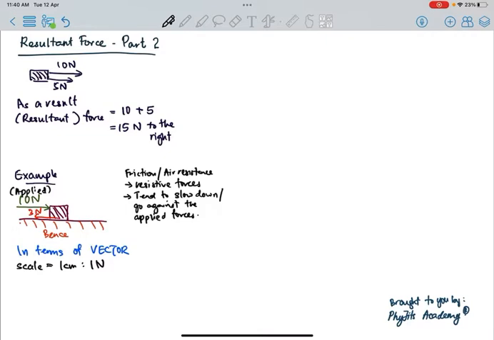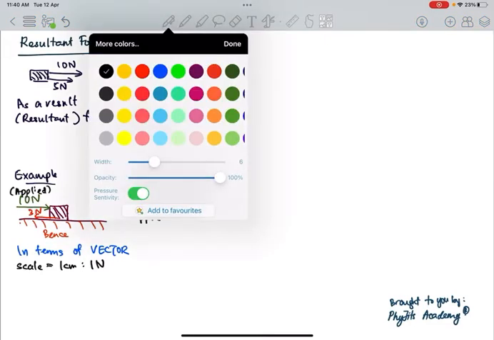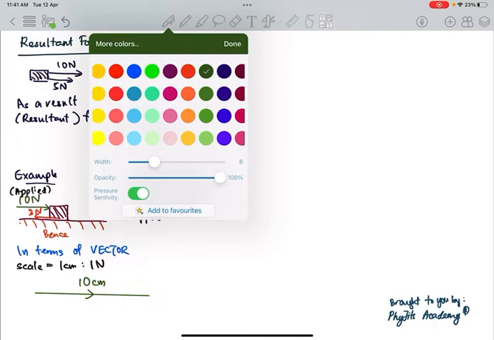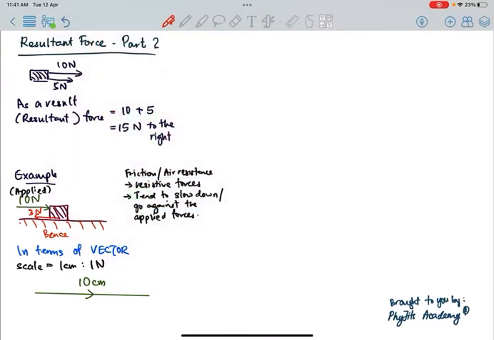Earlier we have seen that for the addition of forces, we add up the vectors by joining them. Now we will also join the two vectors, but bear in mind the directions. So let's say we have a 10 Newton vector. We will draw a 10 centimeter line pointing to the right, and join this with a 3 centimeter line pointing to the left.